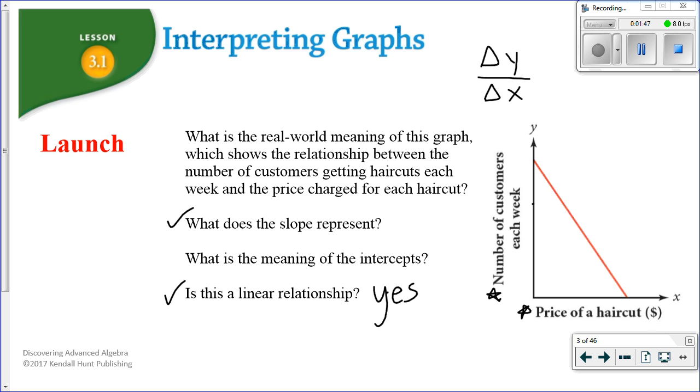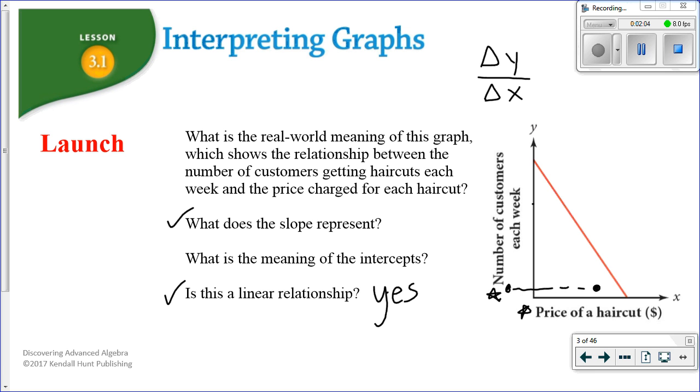So what I mean by that is if I charge a lot for a haircut, that means I'm going to get fewer customers, right? If I have a ridiculously expensive price for haircuts, not a lot of people are going to come in.